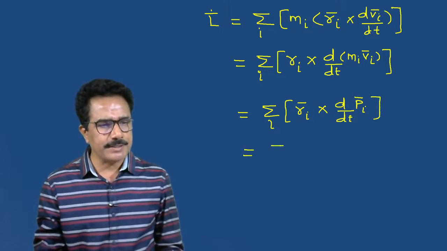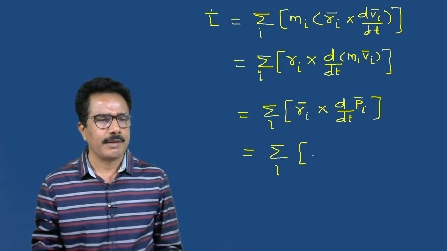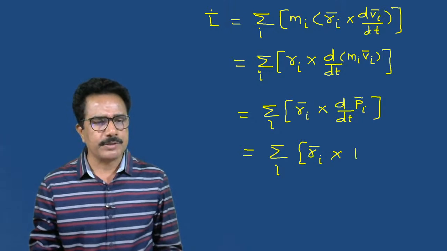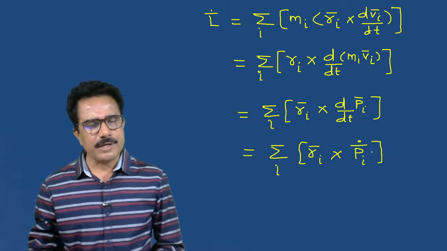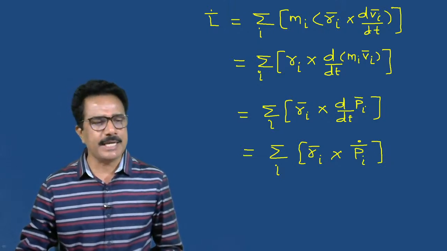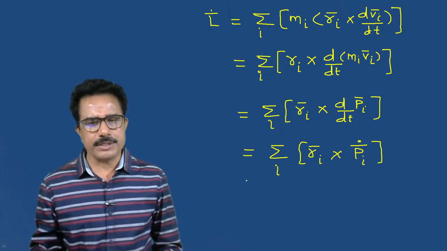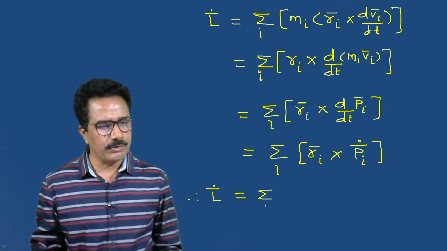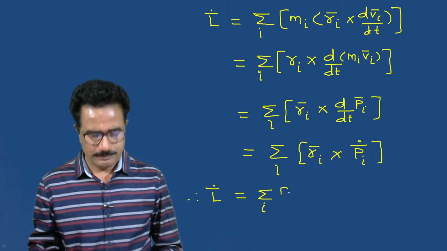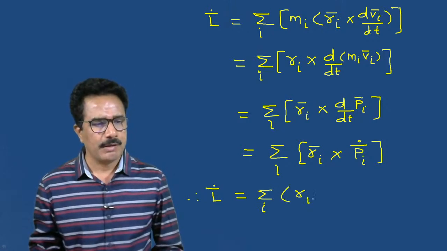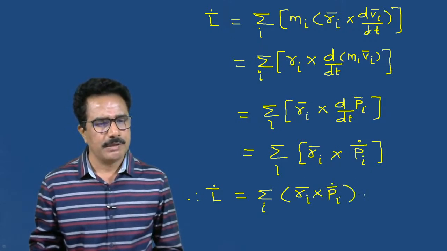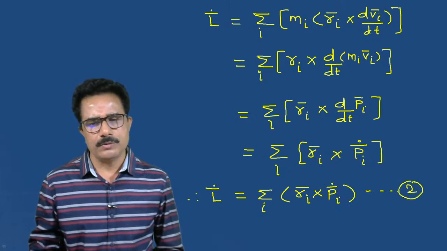So this can be written as summation over i of ri bar cross p bar dot. In this way we get the relation L bar dot is equal to summation over i of ri bar cross pi bar dot. Suppose this is equation number 2.